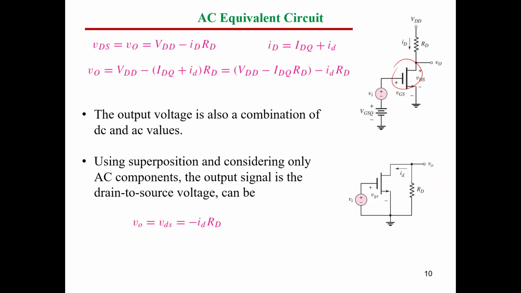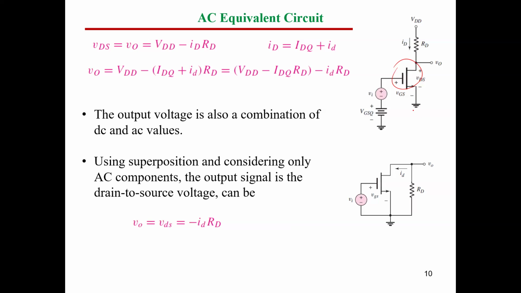We already learned how to make DC analysis for the MOSFET before, and we were using two equations. One equation from the circuit, like for instance, VDD equals IDRD plus VDS. This is the circuit equation, and the other equation is the MOSFET equation.